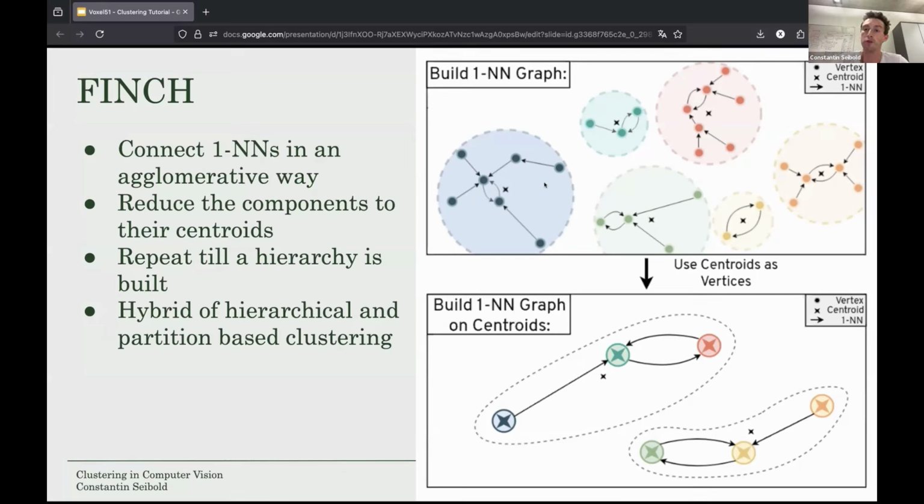And this is something you can then repeat for multiple hierarchy levels because you merge these different groups, compute the mean, and repeat the process. This is a bit of a hierarchical as well as a partition-based algorithm.